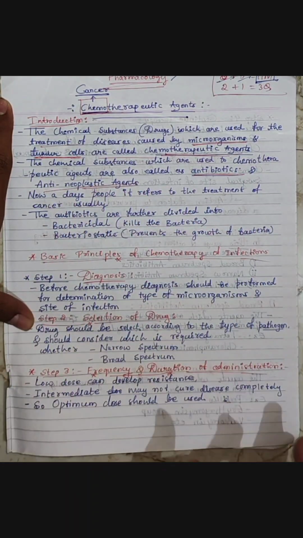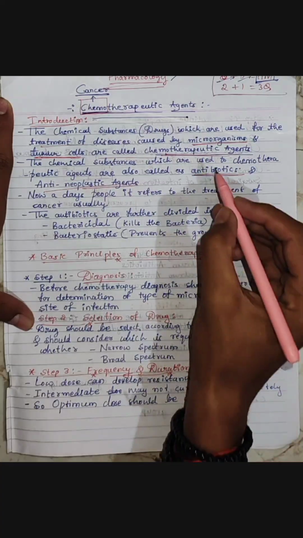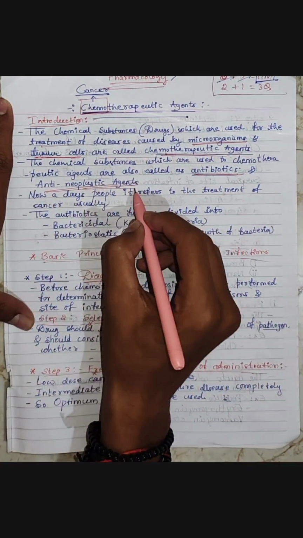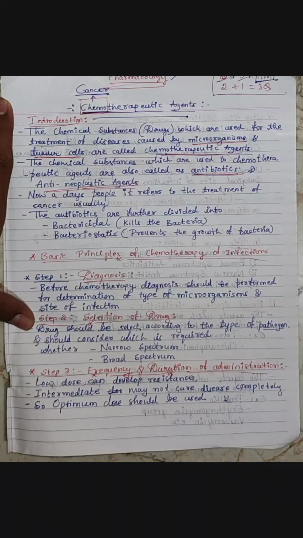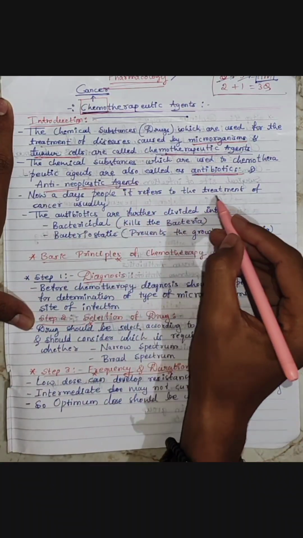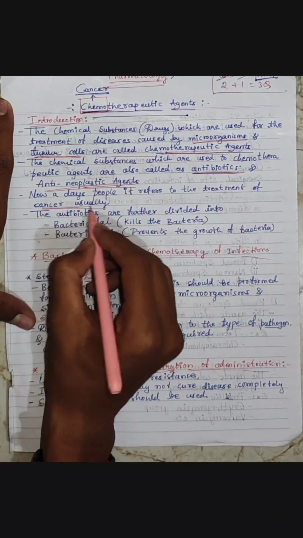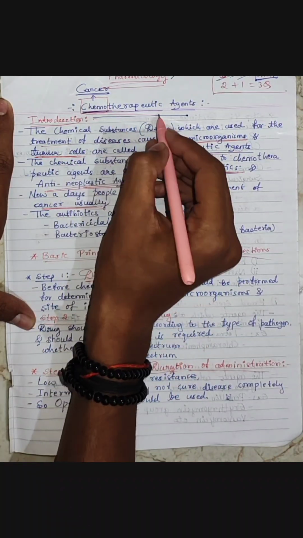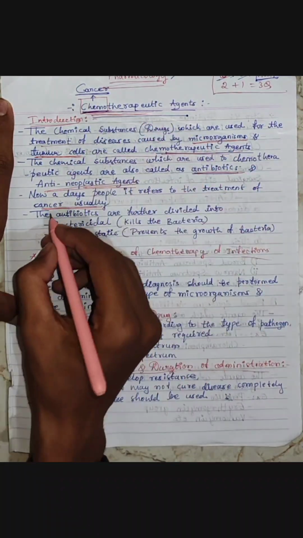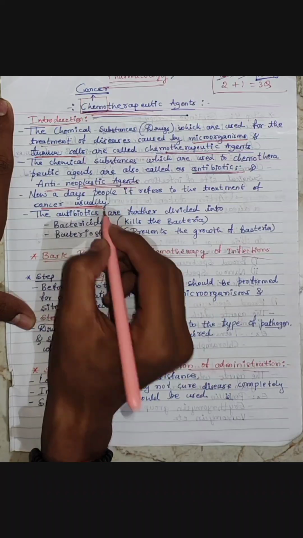If a patient needs chemotherapy, then antibiotics and antineoplastic agents are used. Nowadays, it usually refers to the treatment of cancer. It is a medical term, while cancer is a day-to-day common term.